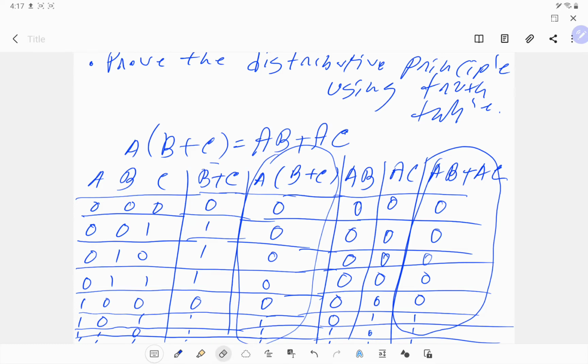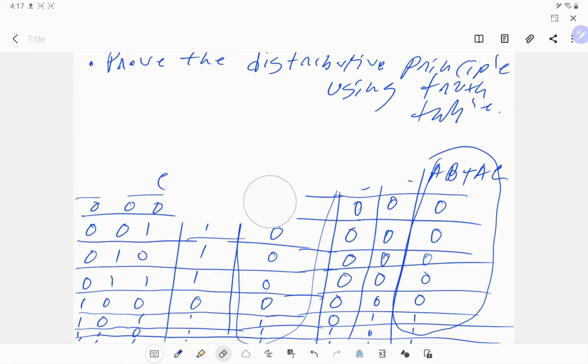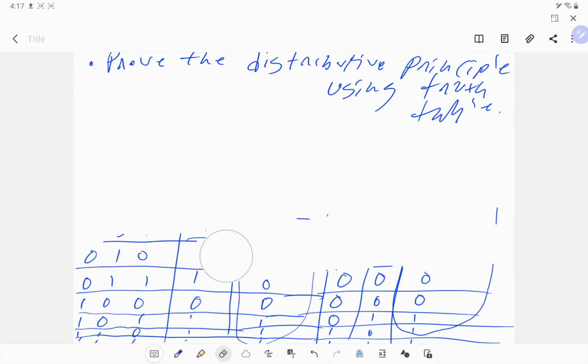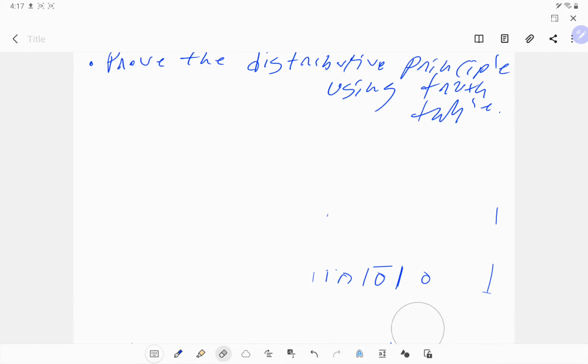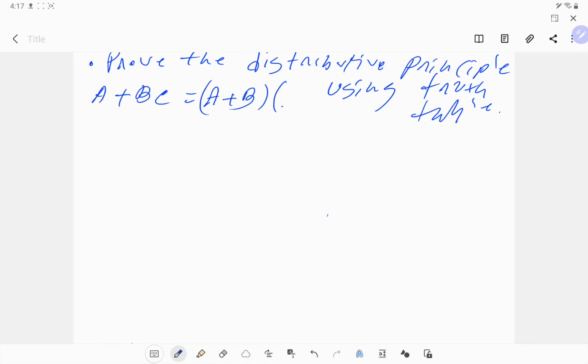Now if we want to prove the second distributive principle, then let's do it in a similar way. The second distributive principle is A plus BC equals (A plus B) times (A plus C). Okay, so we want to find the truth table.